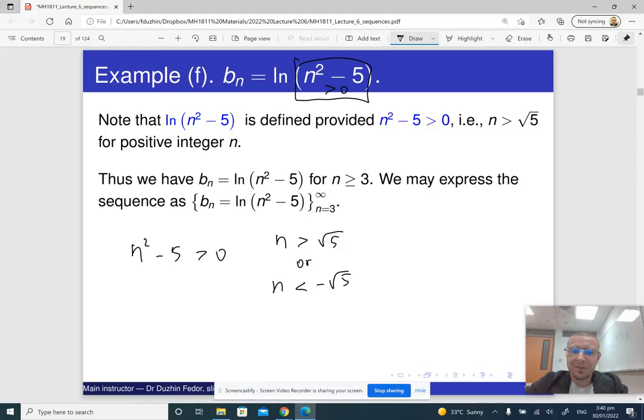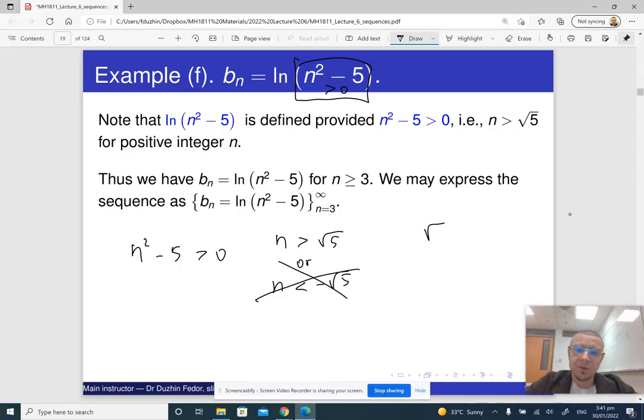Which effectively means that when we define the domain of a sequence, we're looking for something that looks like n is bigger than something, and then it's fine. So this is ruled out because we are working with a sequence. So n should be bigger than square root of 5, but at the same time n should be an integer.